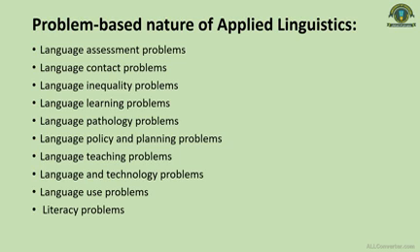Next one is language learning problem. Language learning problems such as emergence of skills, awareness, rules, use, context of language, automaticity, attitude, expertise, all these are related to language learning problems, and with the help of applied linguistics we try to solve this problem.